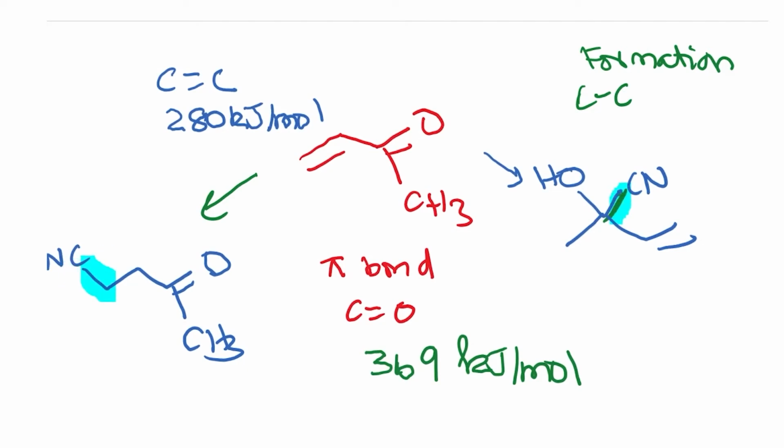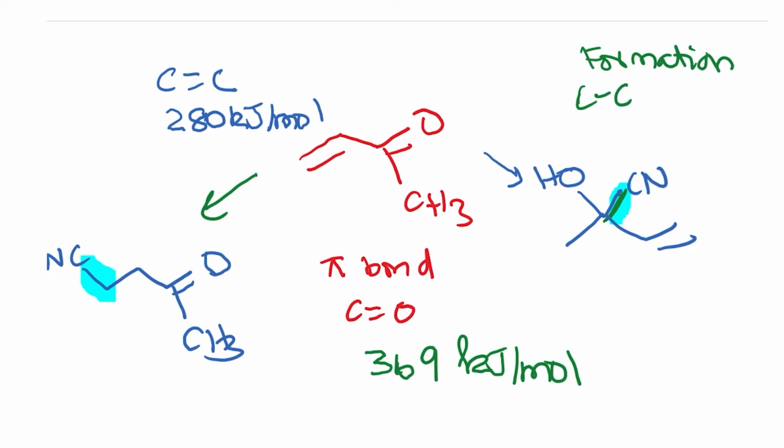So the difference between the two reactions is that you're breaking a carbonyl bond, which costs 369 kilojoules per mole, whereas in the second case you're breaking a carbon-carbon double bond, which costs about 280 kilojoules per mole.